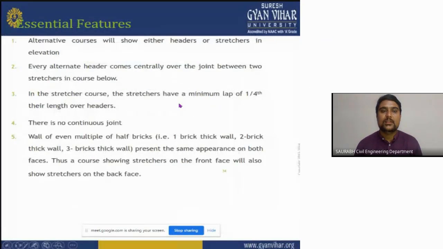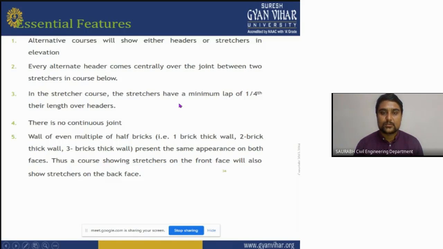Now we will see some essential features of the bond, which are mentioned here. First, alternate courses will show either header or stretcher in the elevation. Every alternate header comes centrally over the joint between two stretchers in the course below.